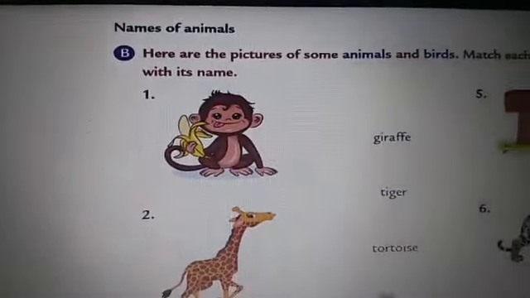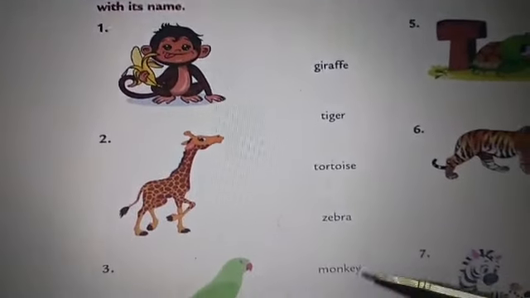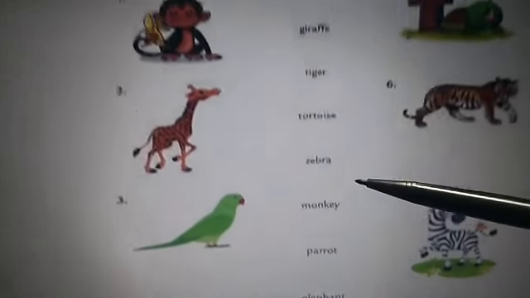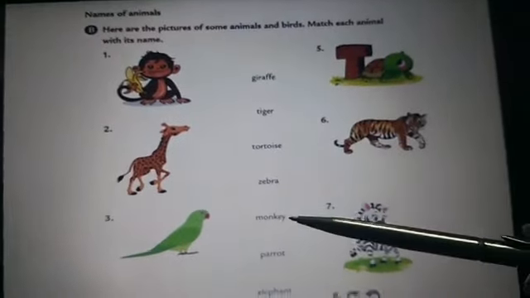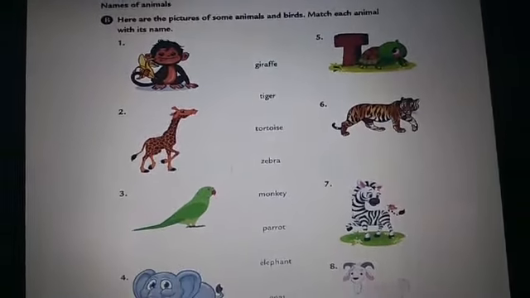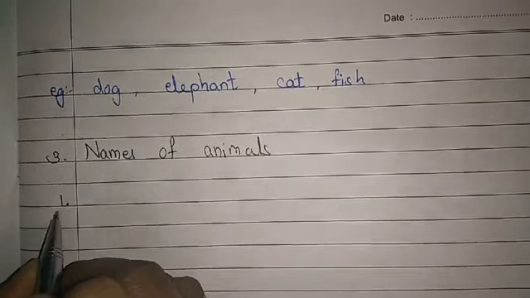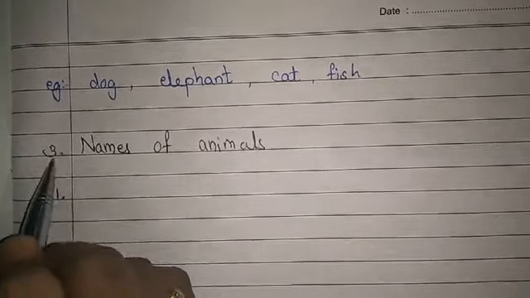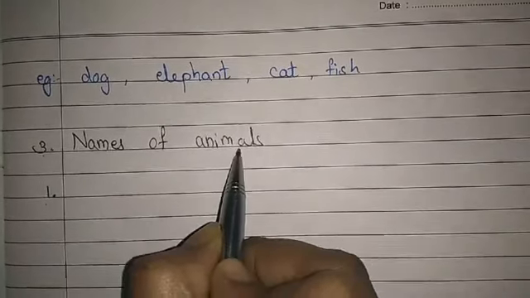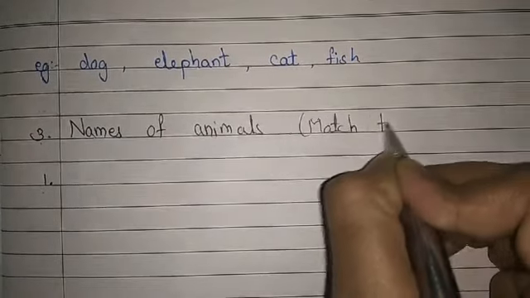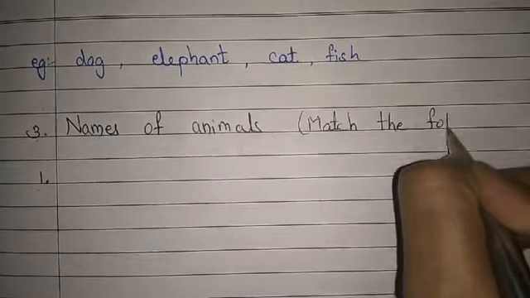So you have to match it. Since you cannot get the print of this worksheet, if it is possible for you, you can. But if it is not, take a note, continue your work by writing in front of 1. Now again you have to write 3 names of animals. If you want, you can write here match the following.